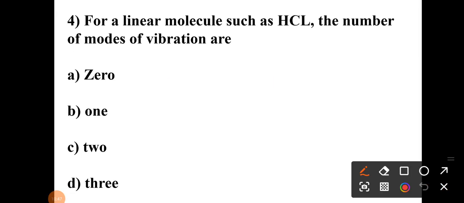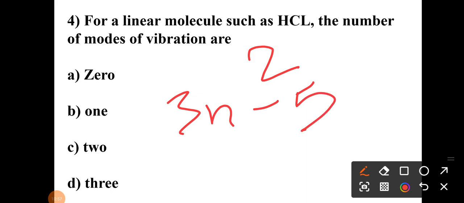What is our formula? 3n minus 5, for linear compounds. So n is 2, then 3 into 2 is 6, minus 5 is equal to 1. So our answer is 1.